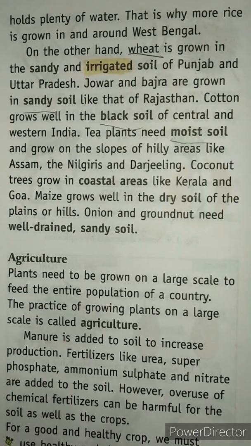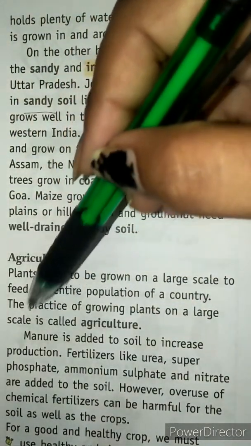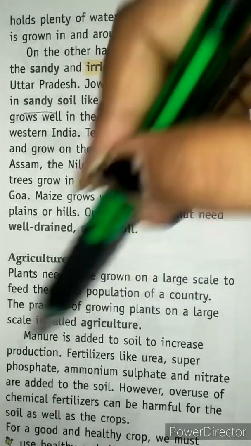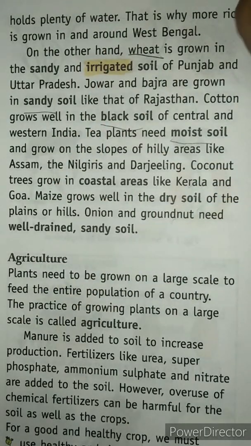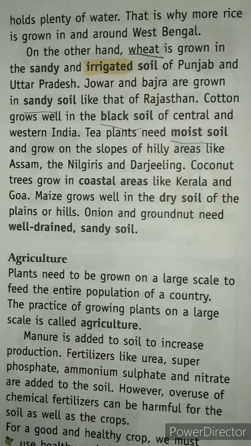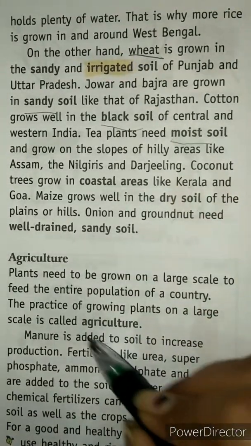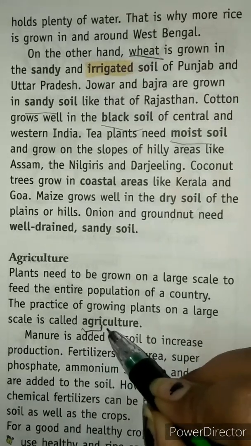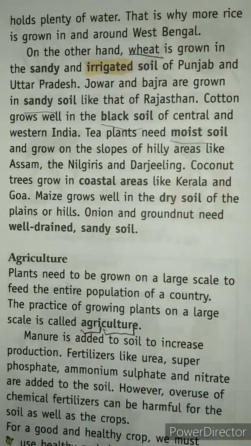So what is agriculture? First of all, when you grow your crops on a large scale, that is known as agriculture. Here you can easily see, the practice of growing plants on a large scale is called agriculture, right? Even the word agriculture says it itself: agri means plant and culture means to grow.